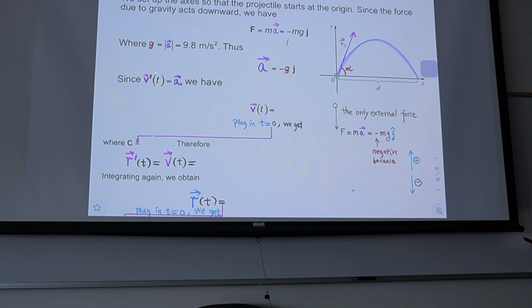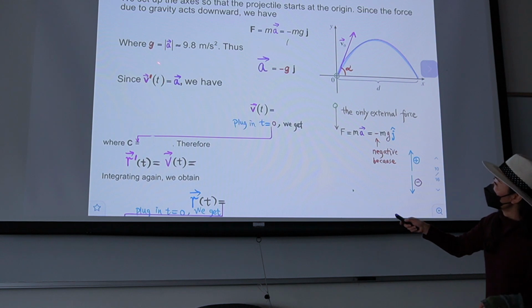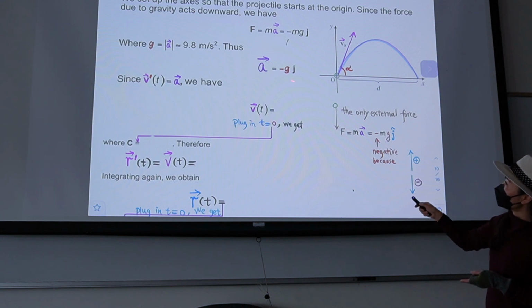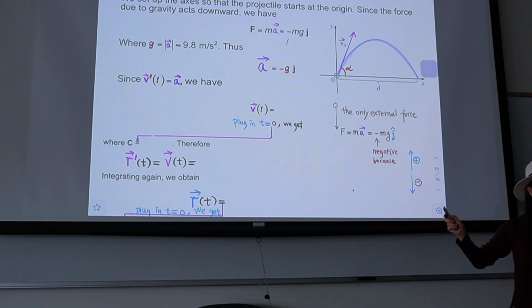So since the derivative of velocity is equal to acceleration, and over here we know the acceleration, how can we figure out velocity? If we know the derivative, how do you figure that out?